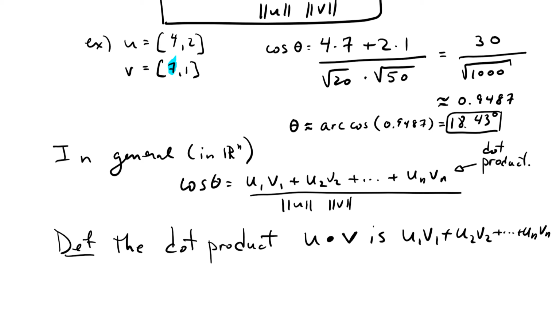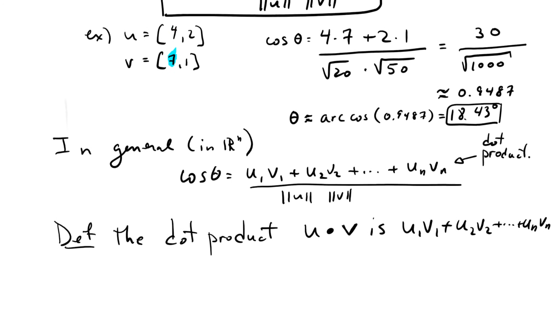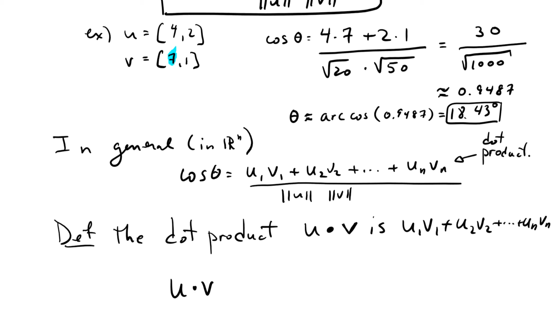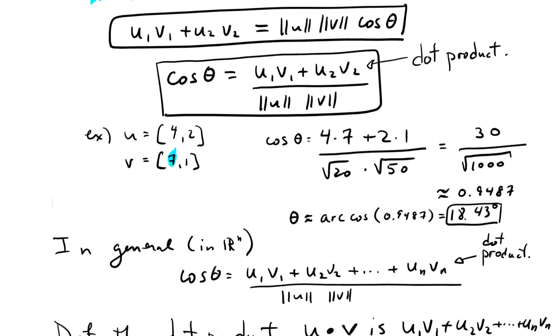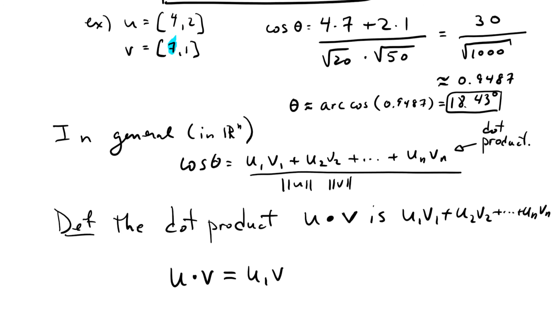So using this notation, we can rewrite the two identities that I framed up there. We've got that the dot product u dot v is u1 v1 plus u2 v2 plus un vn.